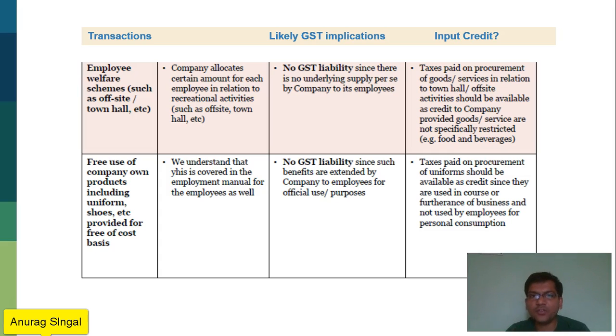It's part of the usual business, and taxes which are paid on the procurement of such goods in relation to a town hall offsite facility should be available as credit to the company, provided it is not restricting such goods or services to specific individuals in the company. Free use of the company's own products, for example, uniforms, shoes, no GST liability because one would very clearly say that it is part of the official use and the company should also be able to take credit on such items.